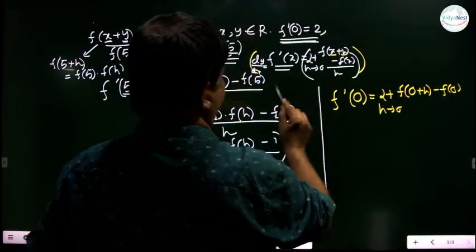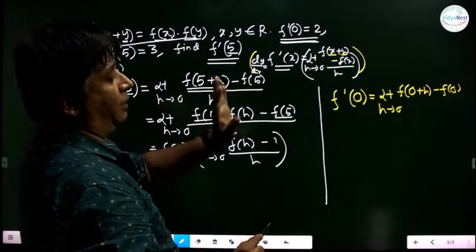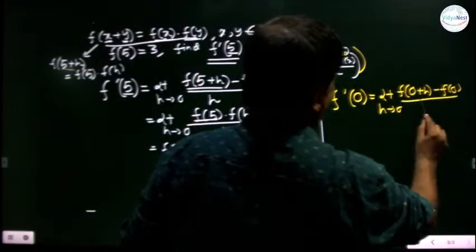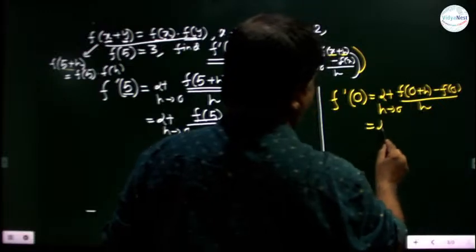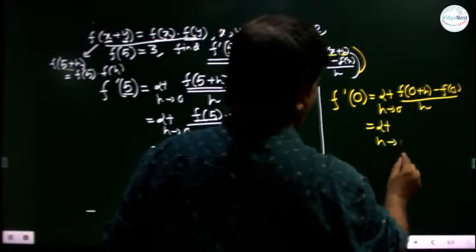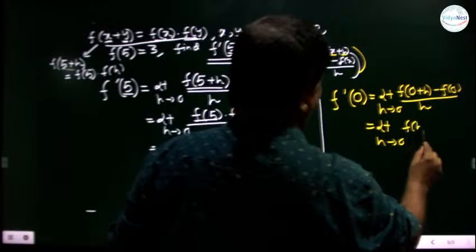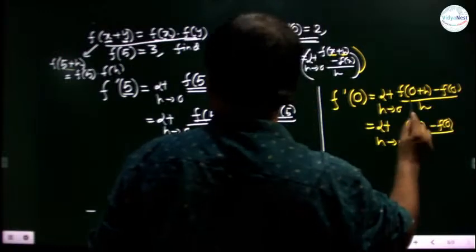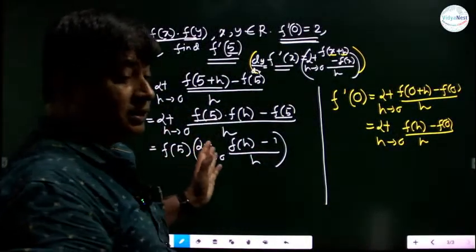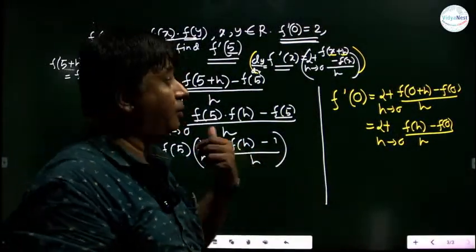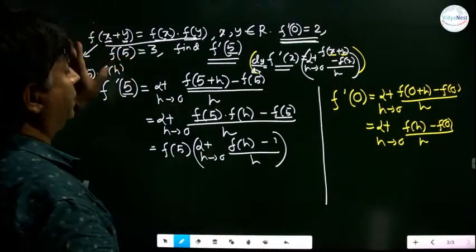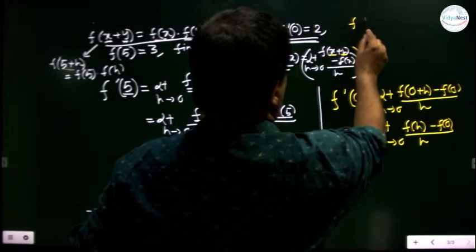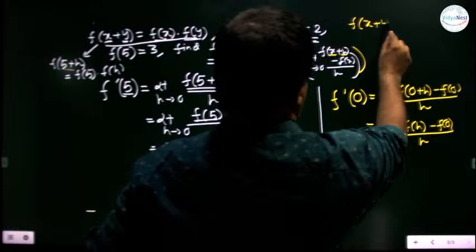Now in lieu of x, I have placed 0. That means f(h) minus f(0). Now the question is, what is f(0)? We don't know. Then you do one thing. The trick you always follow.